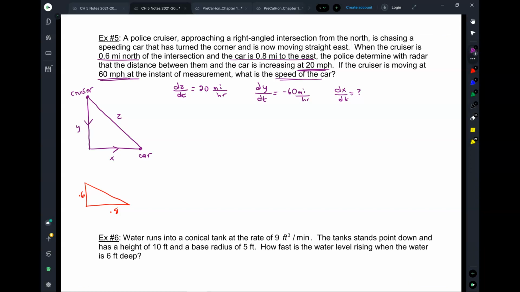No, this is the distance when it's 0.6 miles north or 0.8 miles to the east. So what we want to do now is, we've got this x, this y, this z. We have to connect them to each other. And the way you connect them to each other is this.